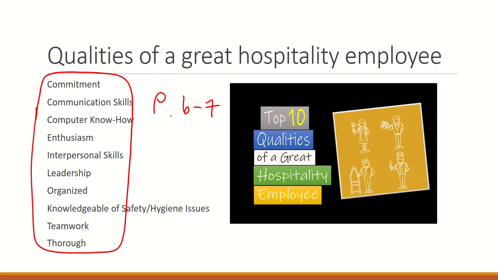You need to know not only about hotel information, but also other safety policy. Teamwork for sure. You are not alone, right? And thorough. What does the word thorough mean? It means that you have to take every detail. You have to concentrate on that particular customer to show that you really care about him or her or them.